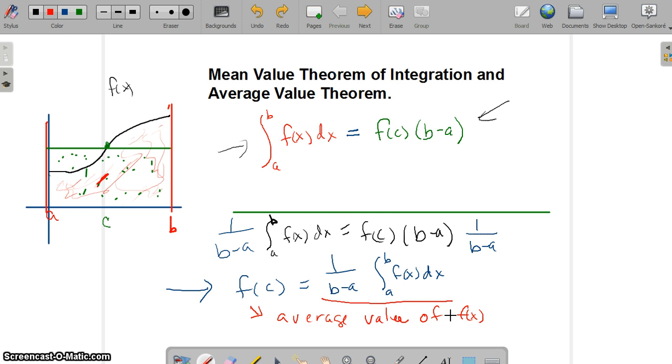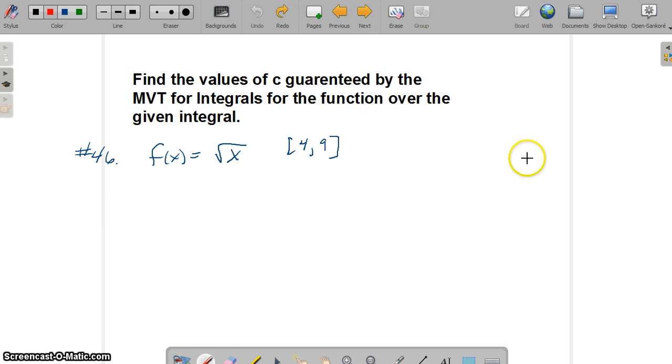And then you're going to do a few problems working with these two theorems. So you may get a problem that says find the value of c guaranteed by the mean value theorem for integrals for the function over the given interval.